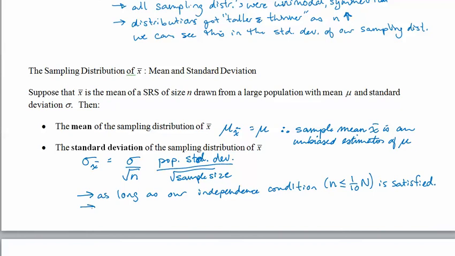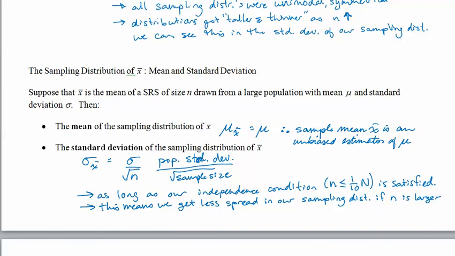And this means that we get less spread in our sampling distribution if n is larger, because when you divide by a larger number, things get small.